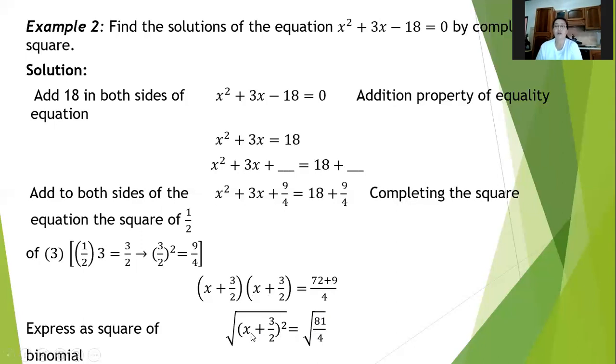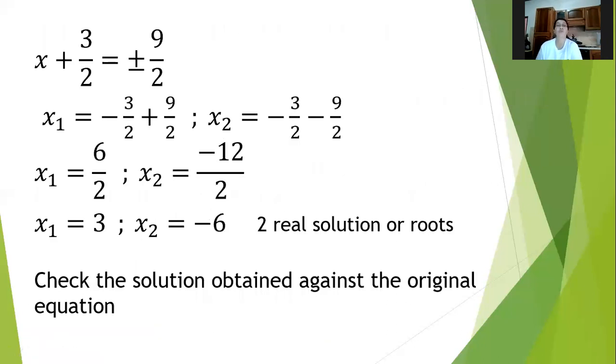The square root of x plus 3 over 2 quantity squared is x plus 3 over 2, while the square root of 81 over 4 is 9 over 2, positive or negative. Then simplify.